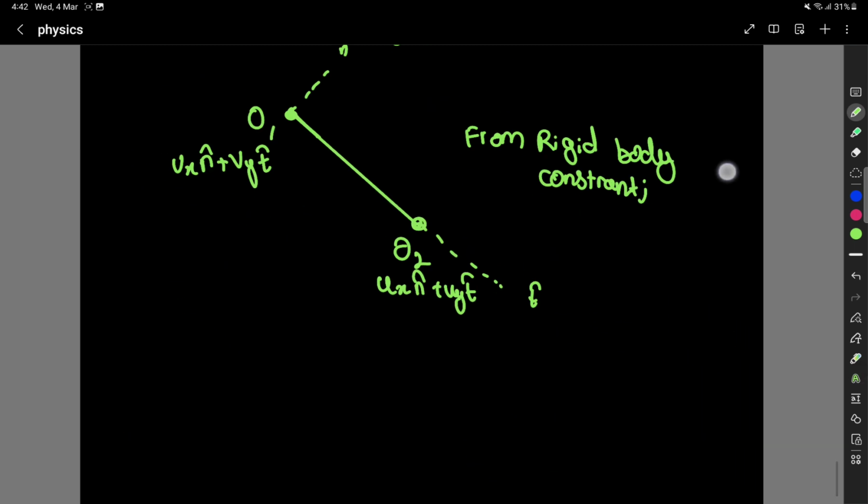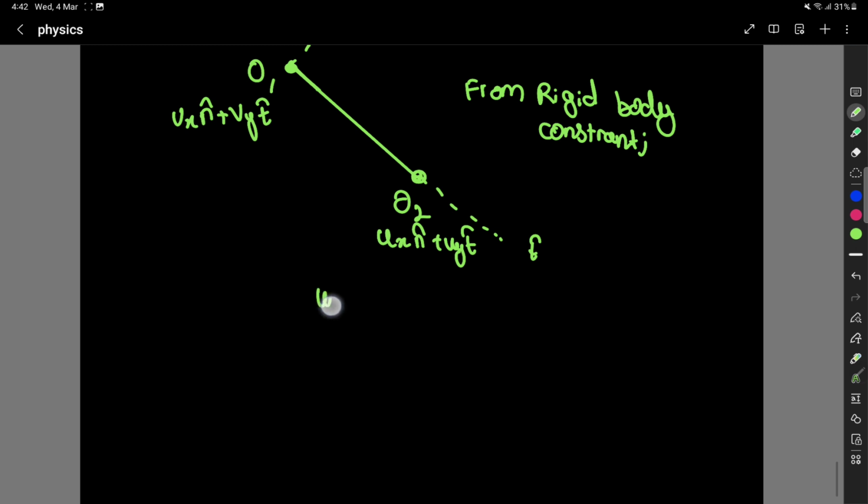as we saw, for rigid body constraint, Uy t cap is equal to Vy t cap.